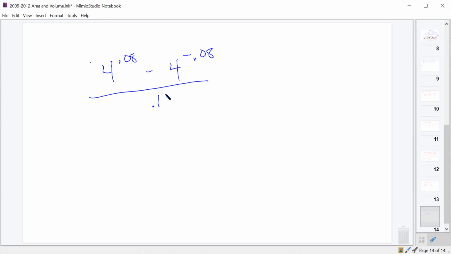And so you would see how accurate that is, or compare that to the actual value, which you can use your calculator to find the derivative of 4 to the x at x equals 0. And then you just compare the decimal points. And it'd be the same thing for 93.